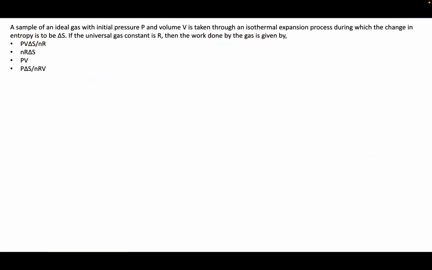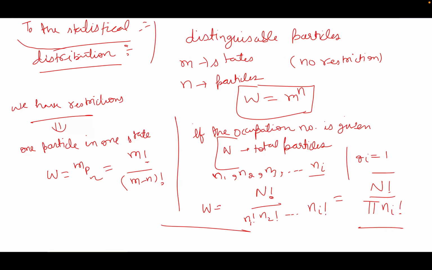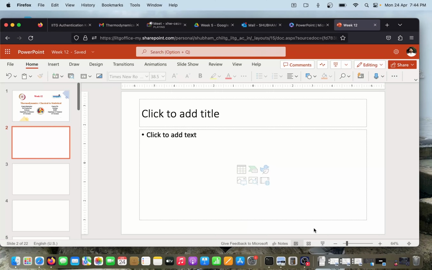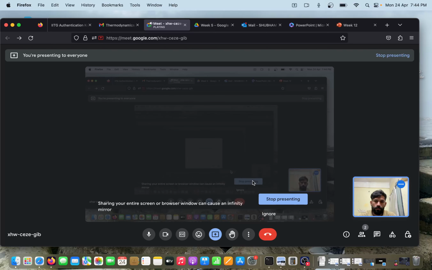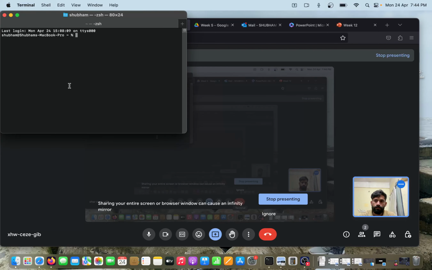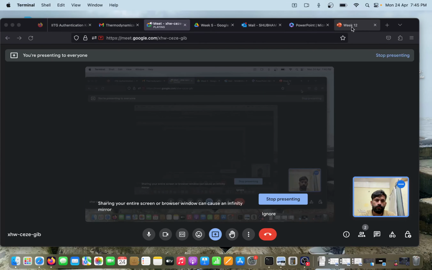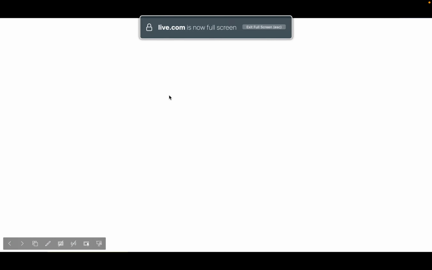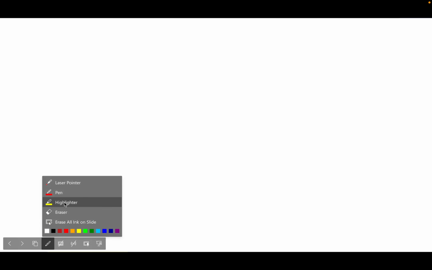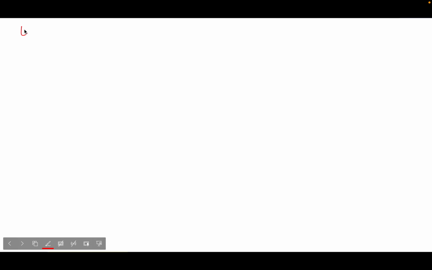The next thing is the partition functions. So for the partition function, we will write the formulas. Before that, we should know about these ensembles.